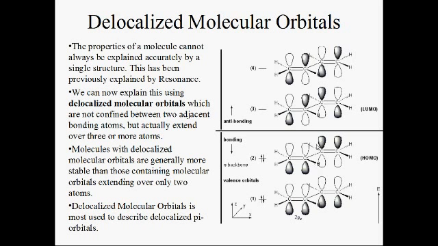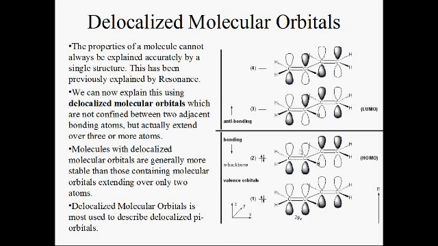So now we're going to have a single orbital that has a node above this double bond and below that double bond, and above the other double bond and below the other double bond. This molecular orbital will take a pair of electrons that will be over the whole molecule, but occupying 4 different spaces in that molecule.